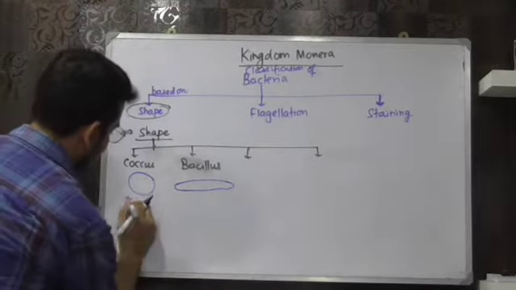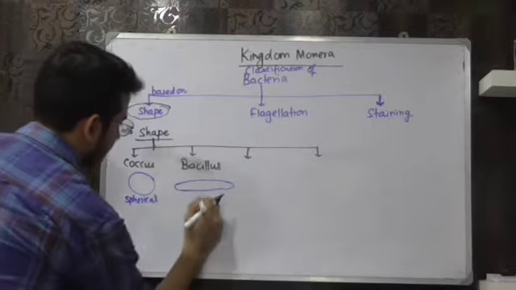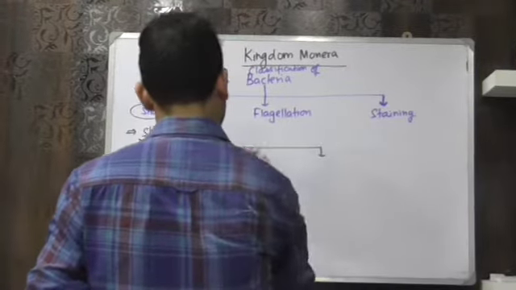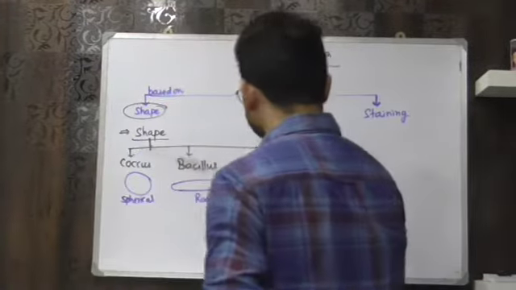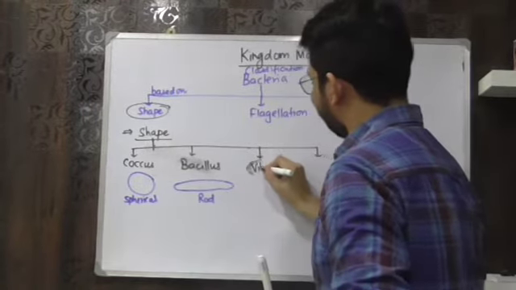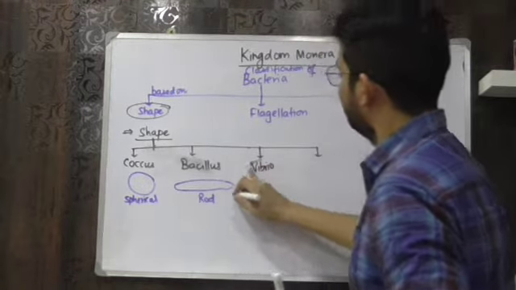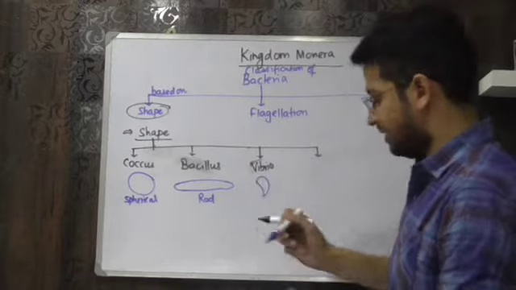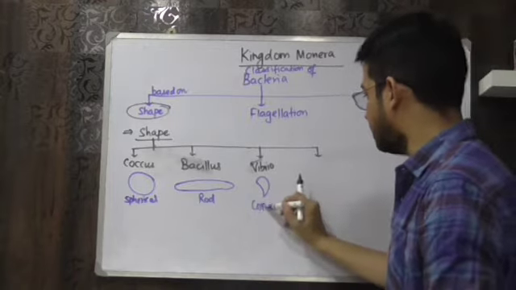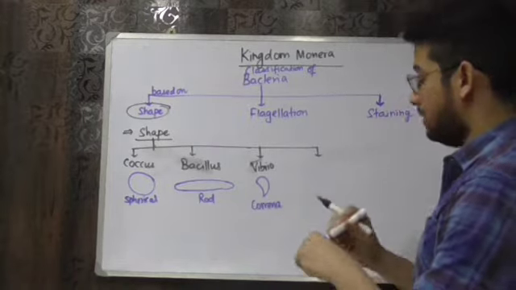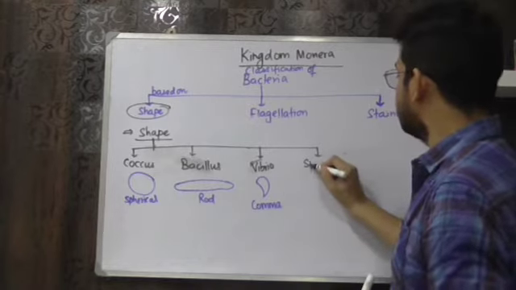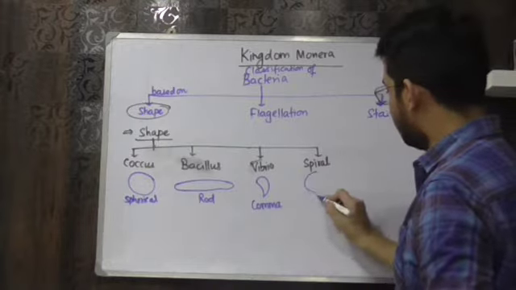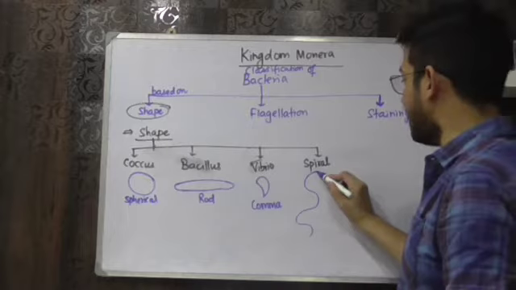So I will write spherical here, spherical shape. This is rod shape. The next one is called Vibrio. It is comma shaped. So I will draw the shape here. You can write it comma shape. And the last one is called spiral. It is spiral in shape. Okay, spiral, like this.